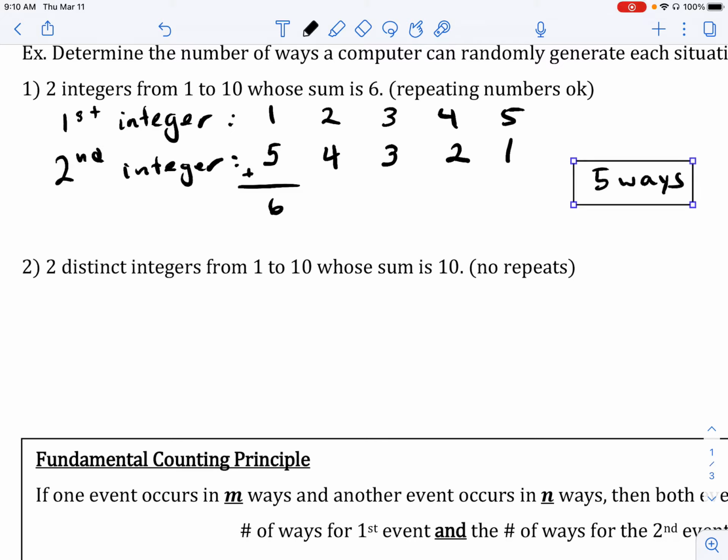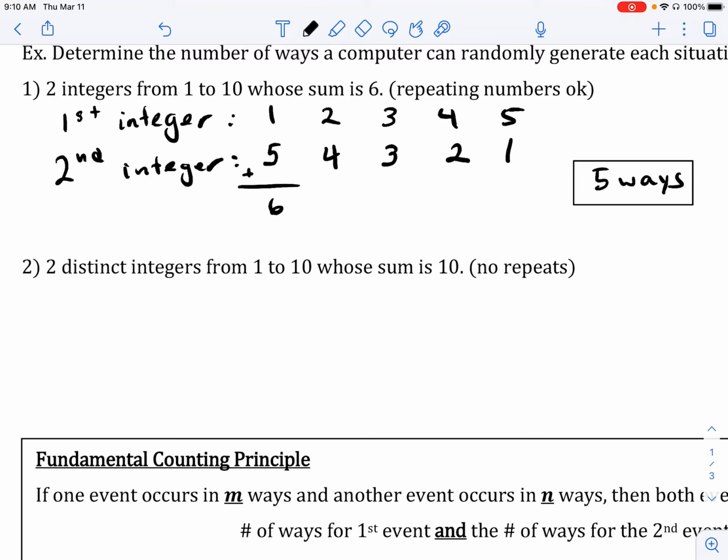Okay, let's look at another scenario. What about two distinct integers? When we say distinct, it means the numbers can't be the same. We can't have something like 3 and 3 from the previous example, where the numbers were repeating. This time we want two distinct integers from 1 to 10 whose sum is 10.